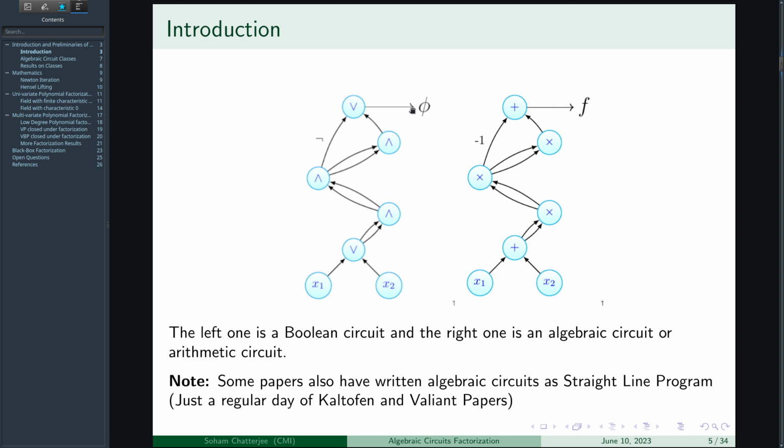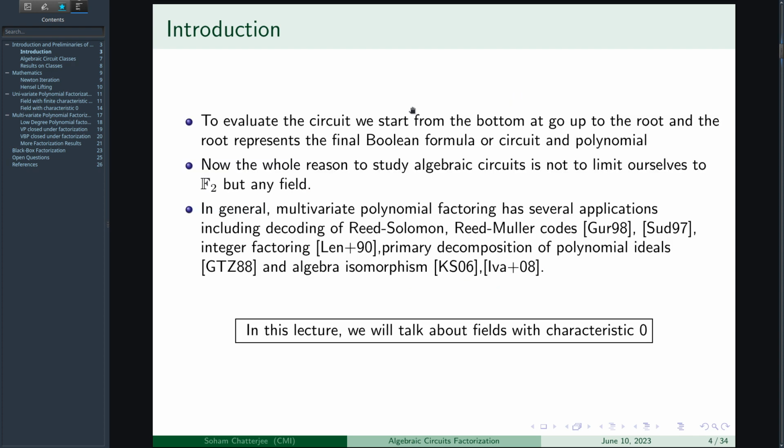Similarly, we consider algebraic circuits, where instead of AND and OR gates we think about polynomials. Basically we use plus and multiplication instead of AND and OR gates, and on each edge we use coefficients from a ring which we defined previously for that circuit. Why do we study these circuits?